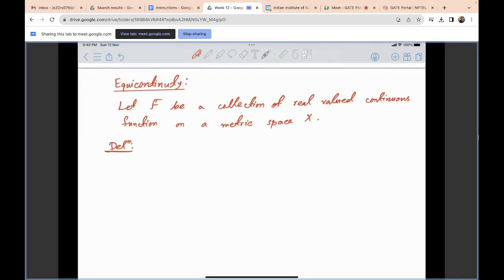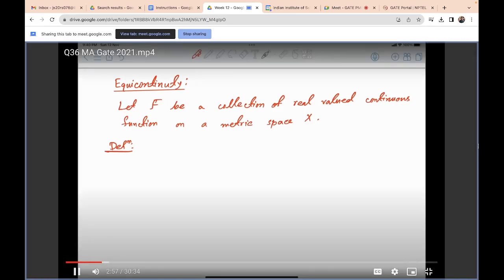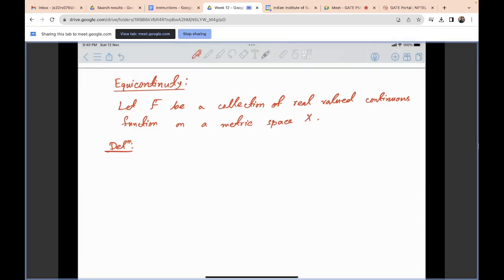Equicontinuity is saying that Fn is a collection of continuous functions, and it takes the continuity over this whole collection.